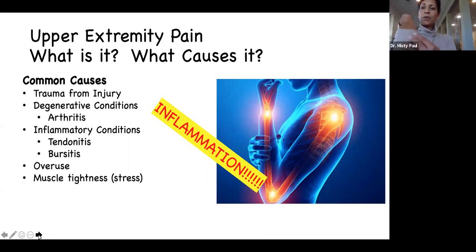So continuous pressure for long periods of time on an elbow can give you pain. Resting your forearms on the desk and not letting them just hang to the sides can also give you issues in all the joints that we'll be talking about.